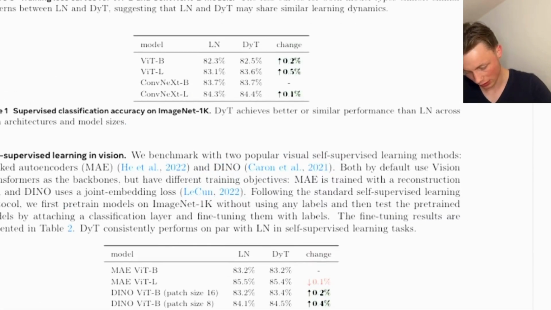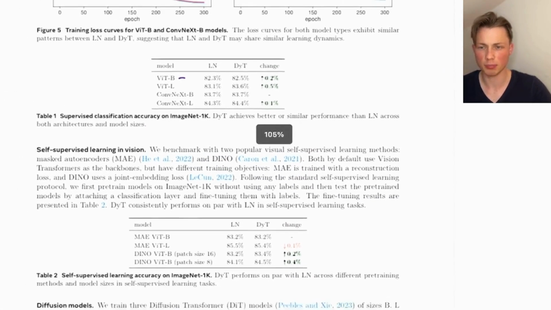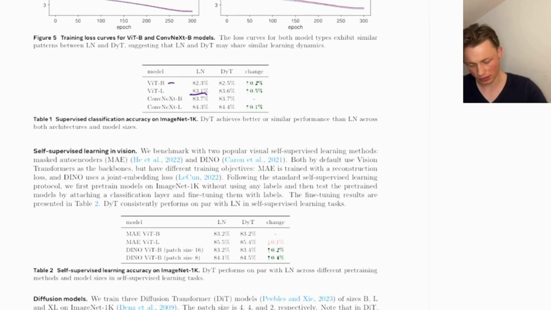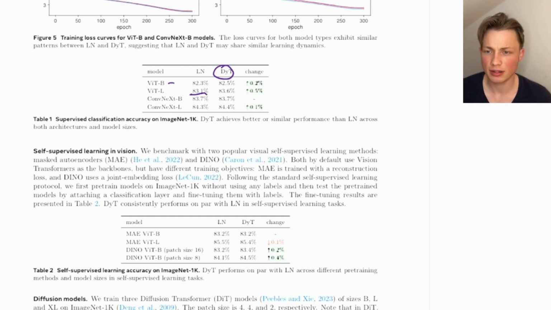Yeah, we can find it here, for example. So they trained a ViT base and a ViT large, and they show us the accuracy for image classification, and they show that the DyT is a little better than the normal layer norm.